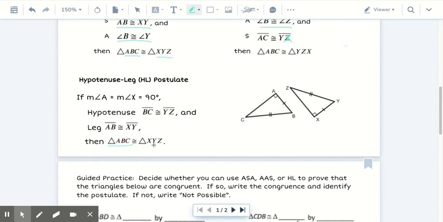And so we write a valid congruent statement. Again, ABC for our first one. So we're starting at the right angle and we're going to the side with one tick mark. So X, then Y, then Z. Same order on the two triangles.